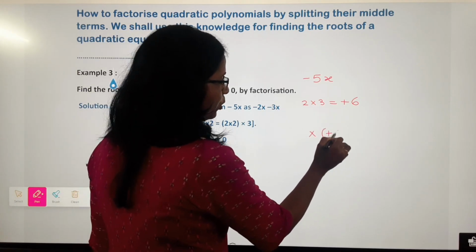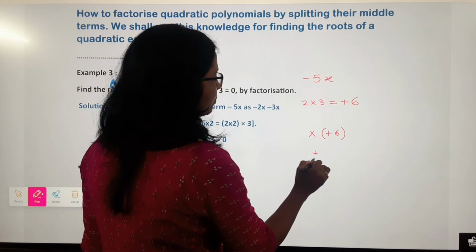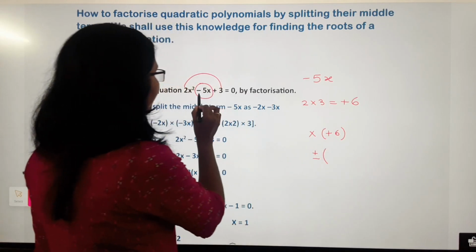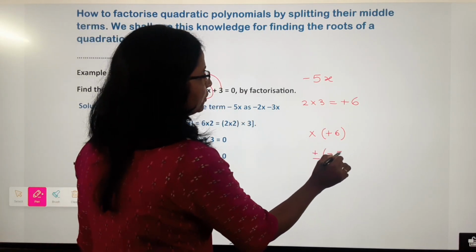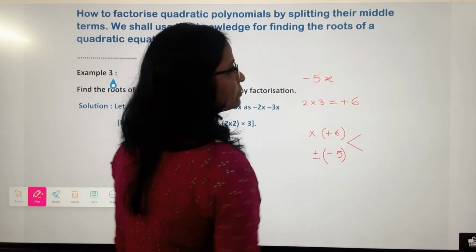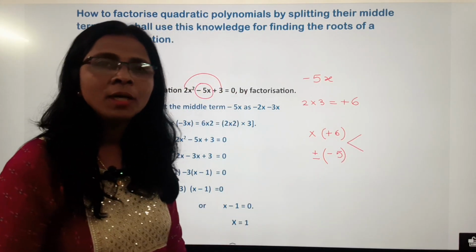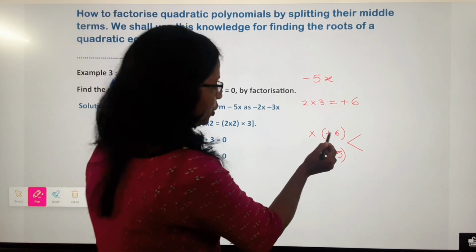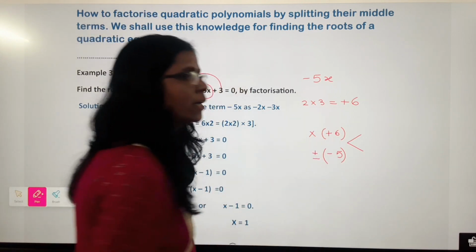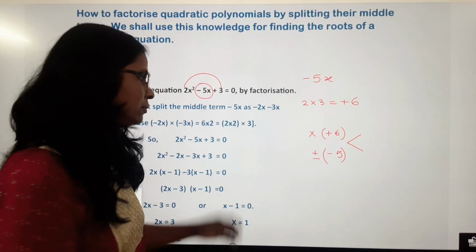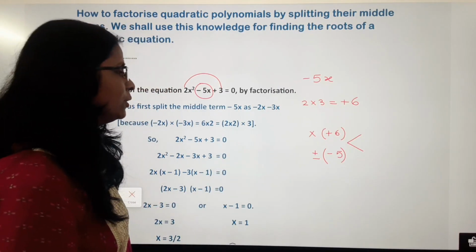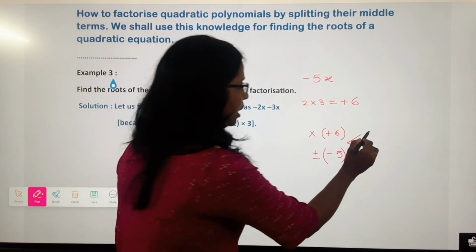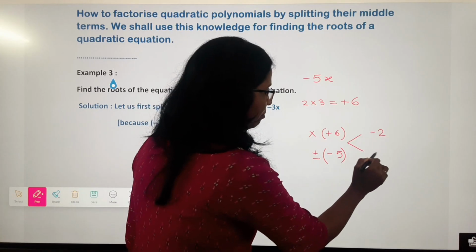Multiplication should be positive 6 and addition or subtraction should be negative 5. So now let us search out these 2 numbers which have the product positive 6 and the addition is equal to minus 5. So these numbers are minus 2, minus 3.